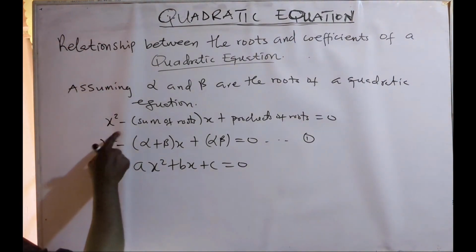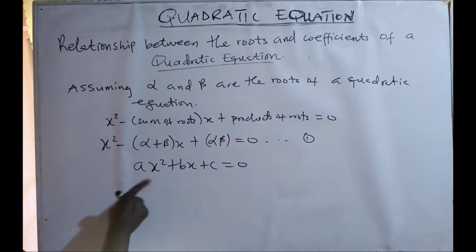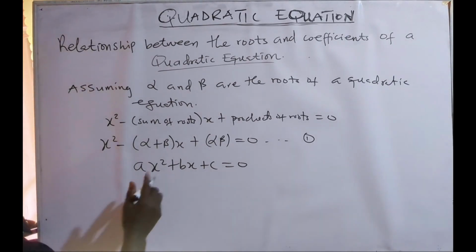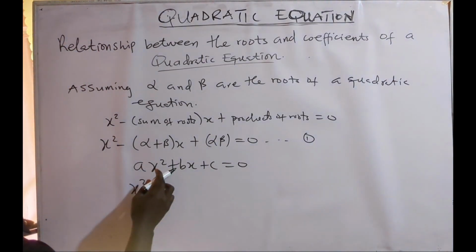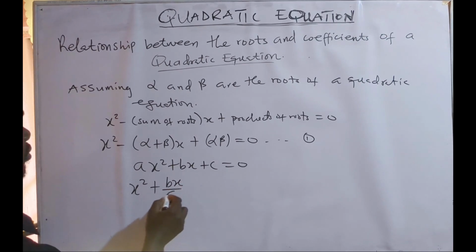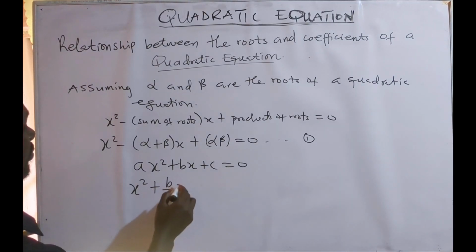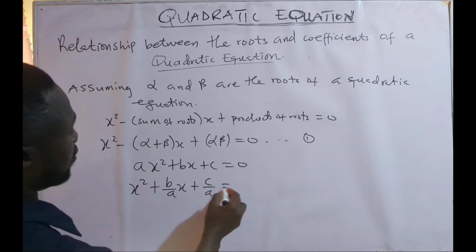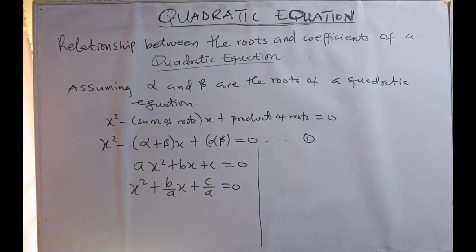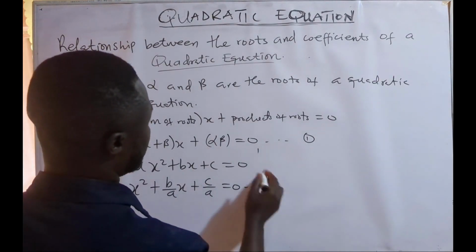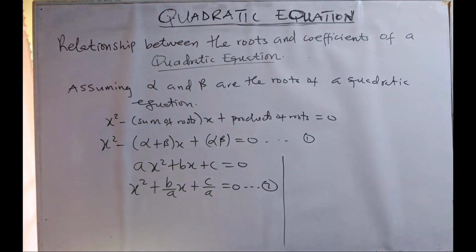Here the coefficient of s squared is 1, so I'm going to also make the coefficient of s squared 1 in the standard form. So I divide by a: a cancels, plus b over a times s, plus c over a, equal to 0. This is my second equation.